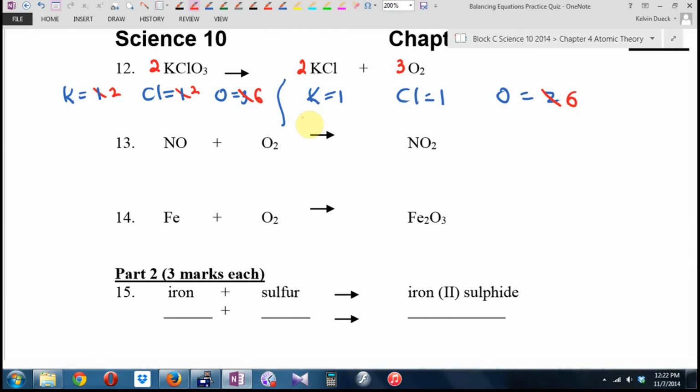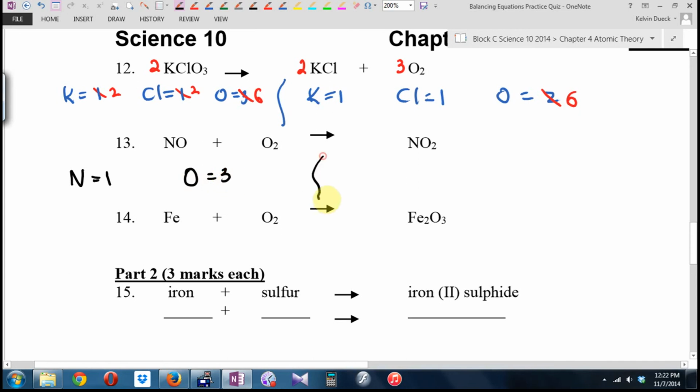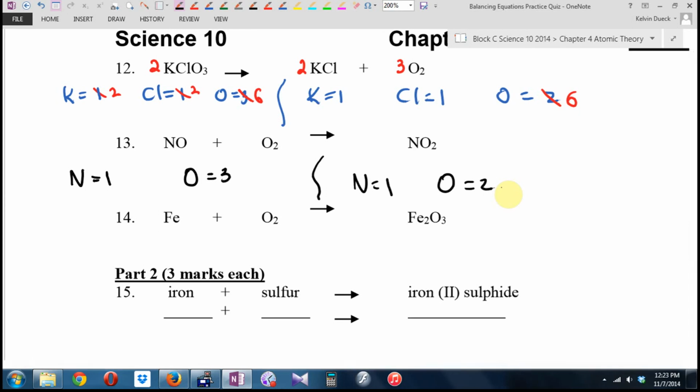Okay. This one might be yucky. Let's see. 1 N, 3 O's. 1 N, 2 O's. I guess I can somehow maybe sort of try and get 6 out of here. Okay, so let's try putting a 3 there. That gives me 6. That gives me 3.